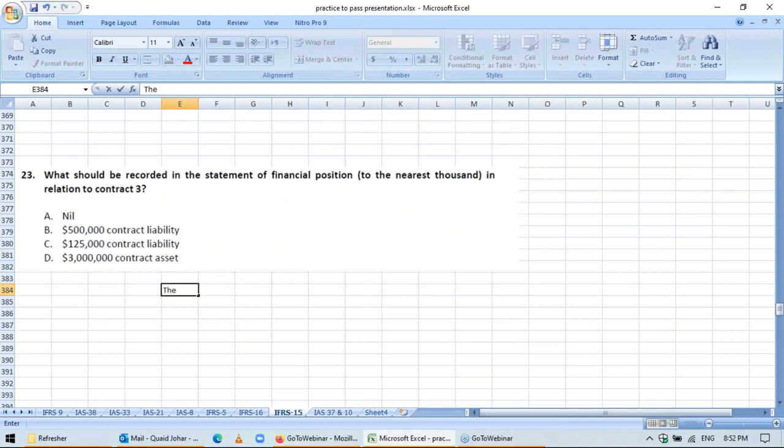The percentage of completion method, using this 80%, 45% percentage, is applied when profits are expected from the contract.